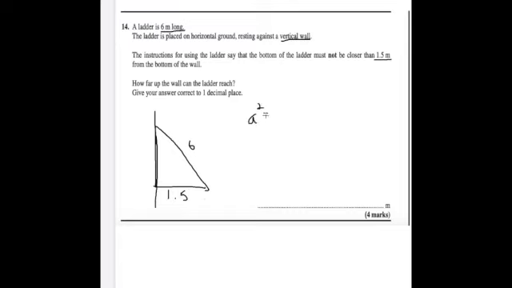So you want to see how far it reaches up. So you use Pythagoras' theorem to work out the other side. So remember, a squared plus b squared equals c squared.